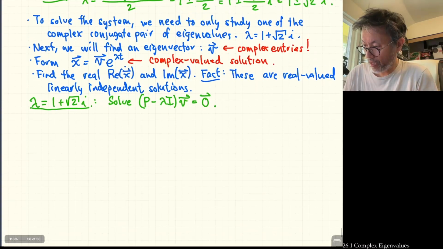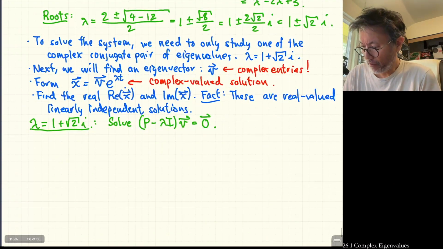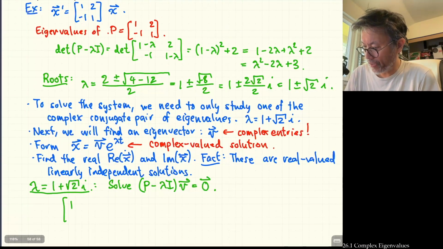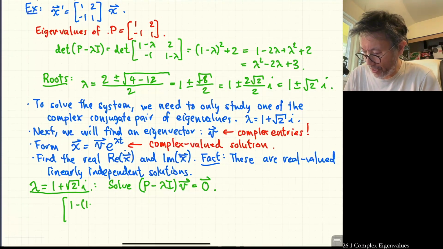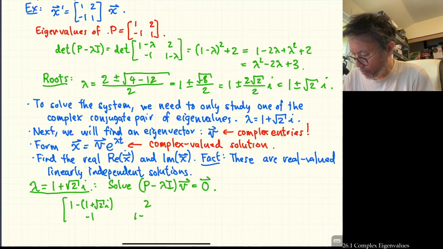So in this case, the matrix ends up being 1 minus (1 plus square root of 2 times i). I'm going to go very slow here. 2, -1, and then same thing. 1 minus (1 plus square root of 2 times i).